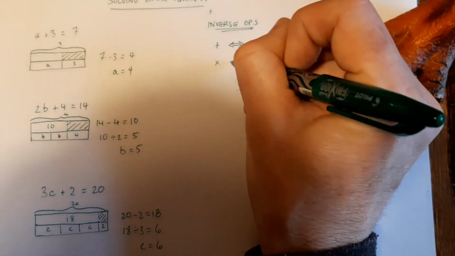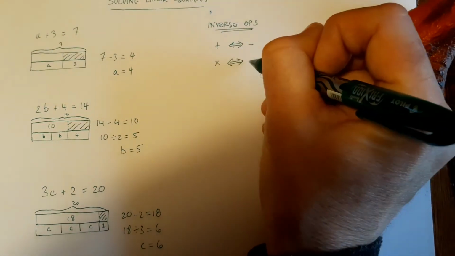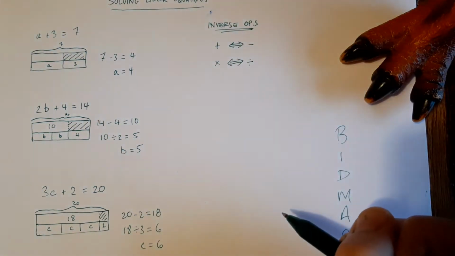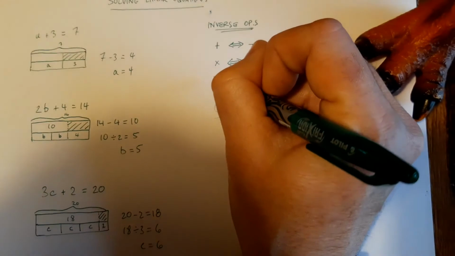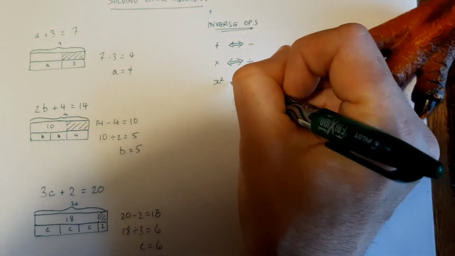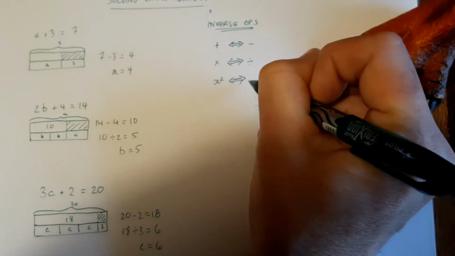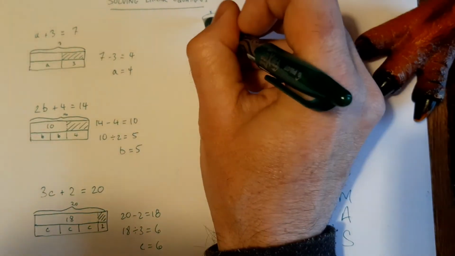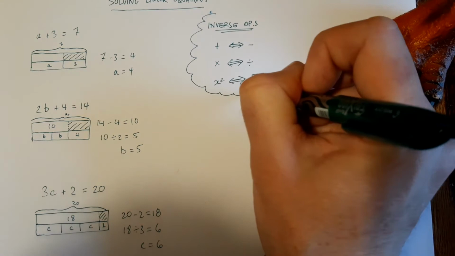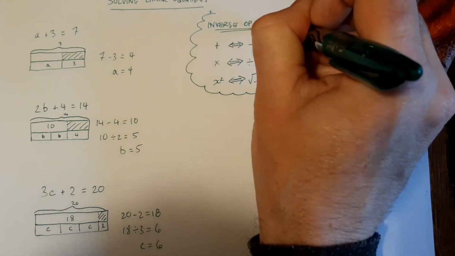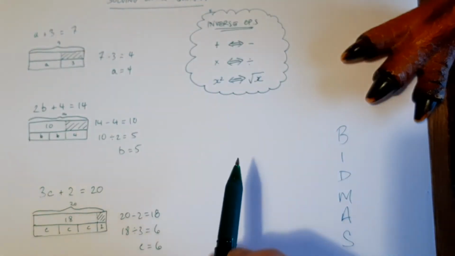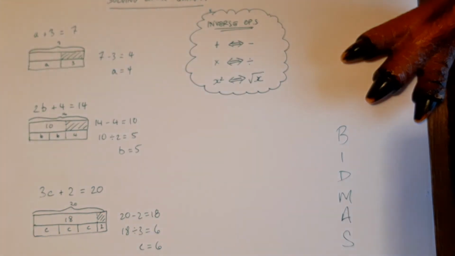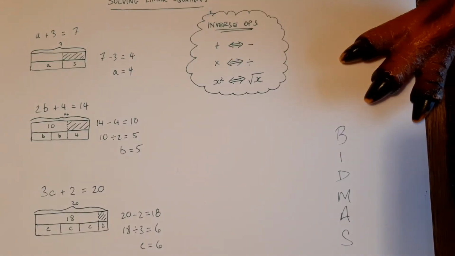A multiply and a divide are inverse operations. If you get tricky ones, you might get a squared, and the inverse of a squared is a square root. They're really handy to have on your page when you're solving, to remind you what you need to do.